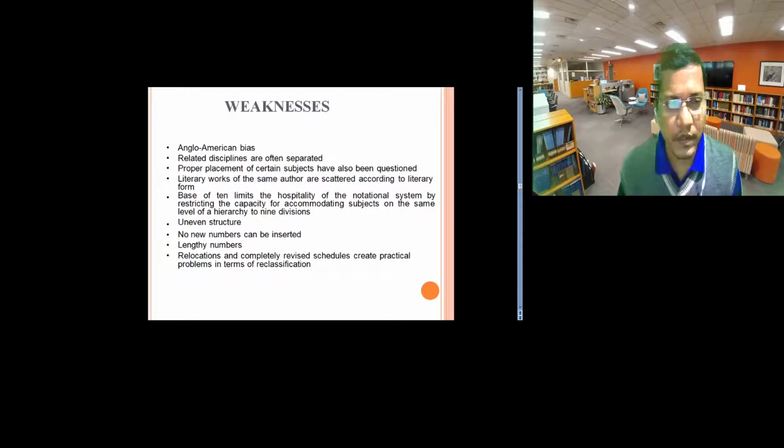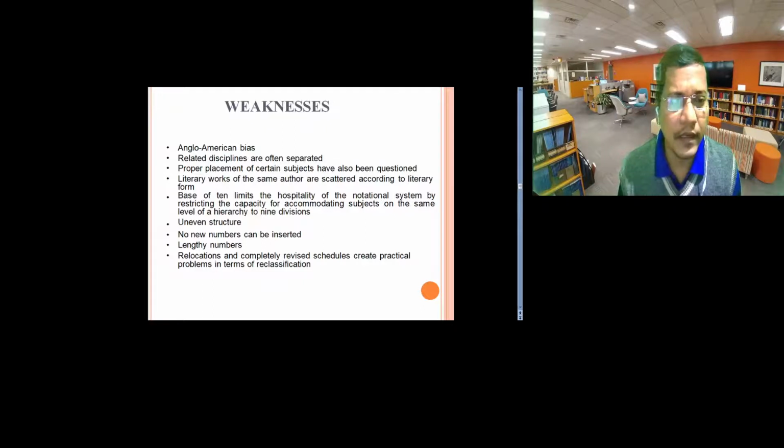What are the weaknesses of the DDC? Anglo-American bias. It is found that DDC has an Anglo-American bias. Related disciplines are often separated, scattered. Proper placement of certain subjects has also been questioned.